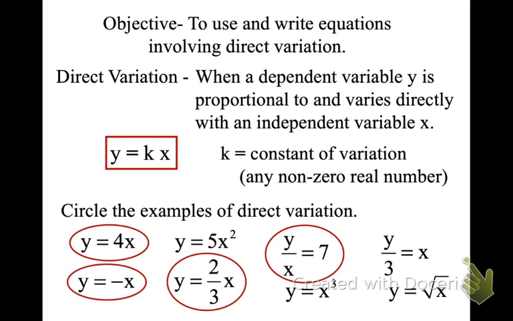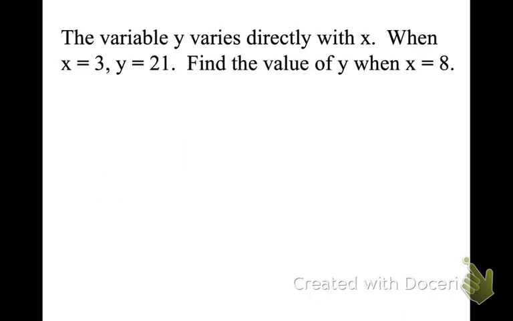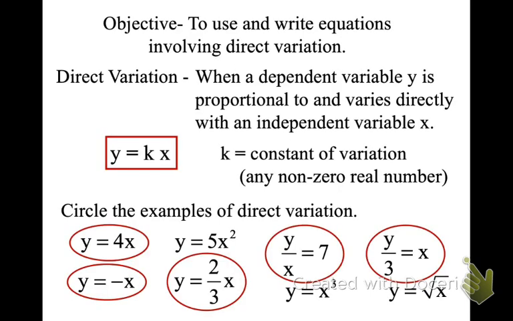Y equals x cubed is not. Let's try the next one. I'm going to multiply both sides by 3, and we get y equals 3x. So yes, that is a direct variation equation. And of course, the square root of x is not. You need to write your notes down, pause the recording.